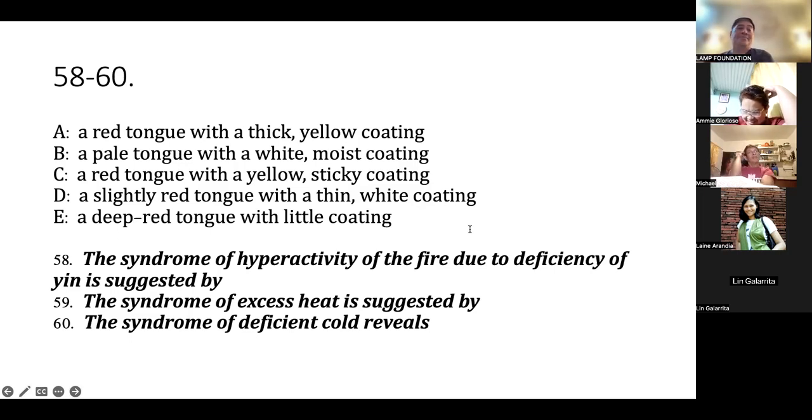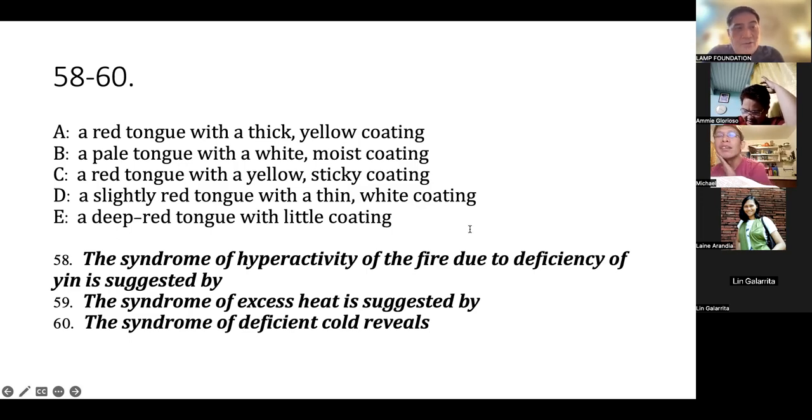The syndrome of excess heat is suggested by a red tongue with a thick yellow coating. Number 60. The syndrome of deficient cold reveals a pale tongue with a white moist coating. So alam natin pag cold, talagang hanapin mo yung moist.